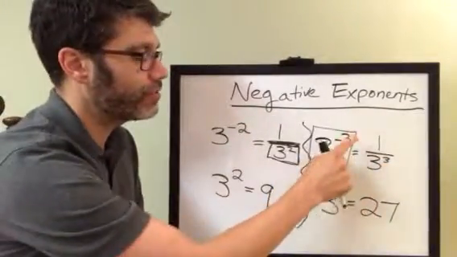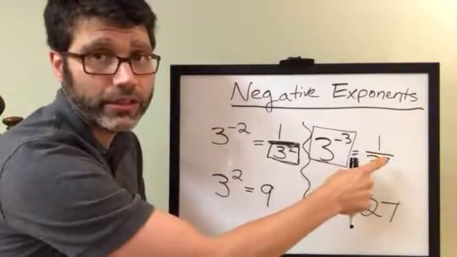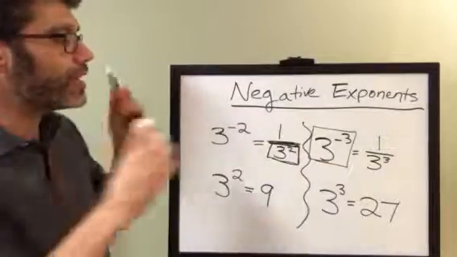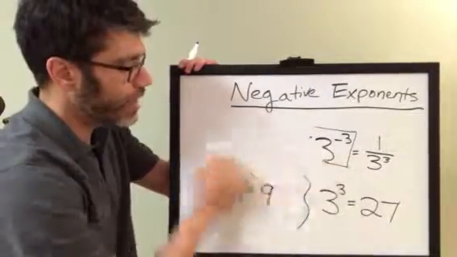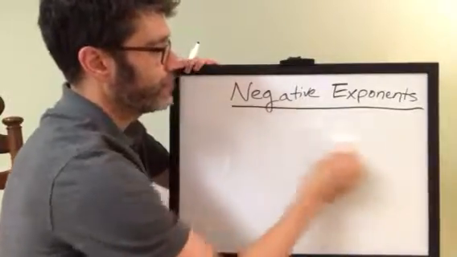So 3 to the negative 3 is equivalent to 1 over 3 to the third, all right? And so we can use that rule for any kind of situation.